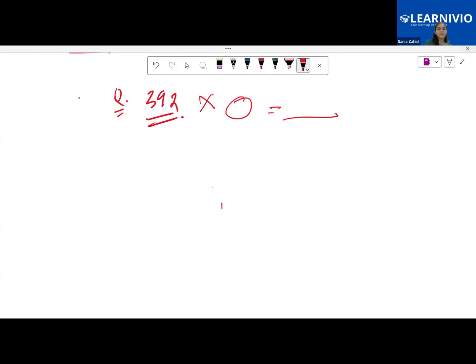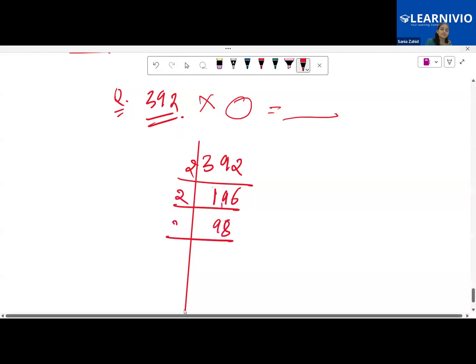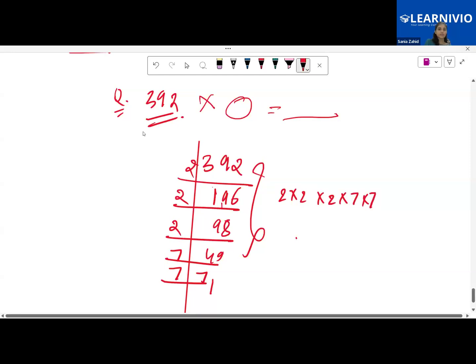See, when we do the factorization of 392, I get 2, again 2, and 7 finally. So now I get 2 into 2 into 2 into 7 into 7. So when I take such numbers, 7 does not have a cube.